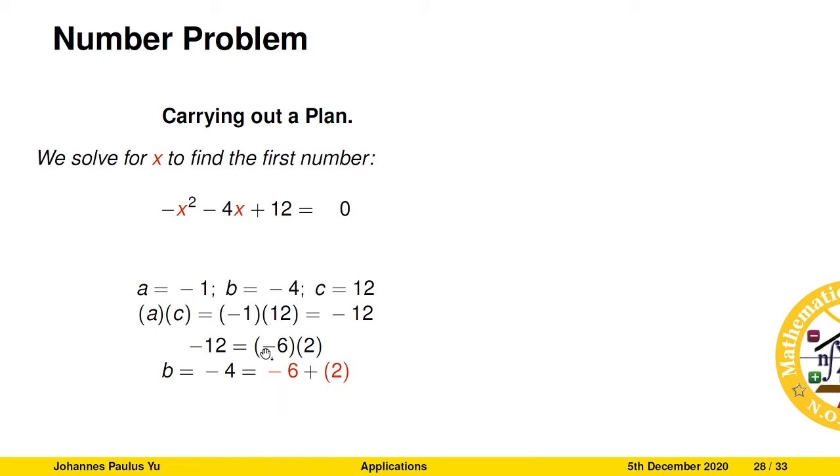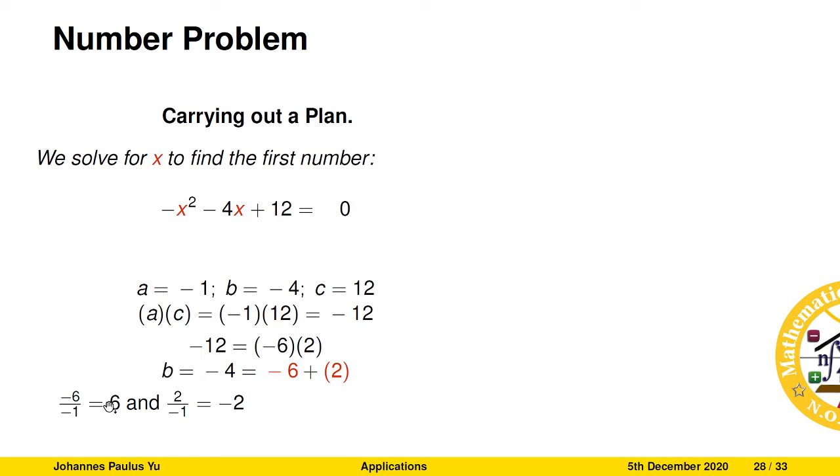So, this is negative 6 from this factor and positive 2 from this factor. And in order to find the value of x, muna ni ang trick, no? We are going to divide these factors with negative 1 as the value of a. So that is negative 6 divided by negative 1, the result is 6. And the other one is negative 2 divided by negative 1 is negative 2.